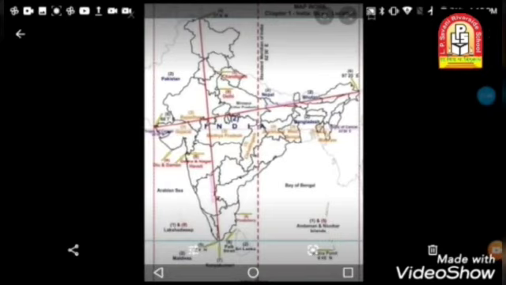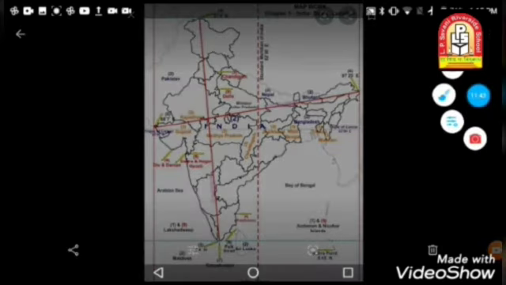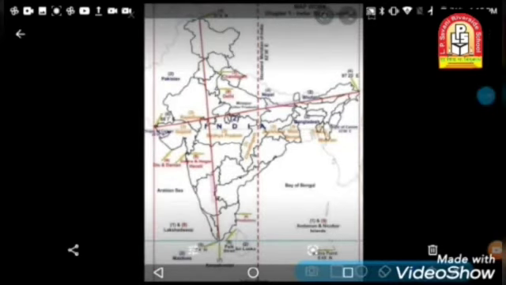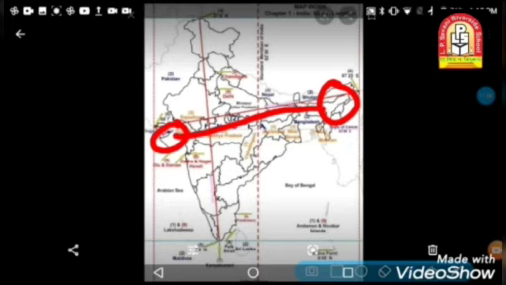Now, for example, here is our Gujarat, and here is Arunachal Pradesh. So when we go from Gujarat to Arunachal Pradesh, it will make a difference of 2 hours.